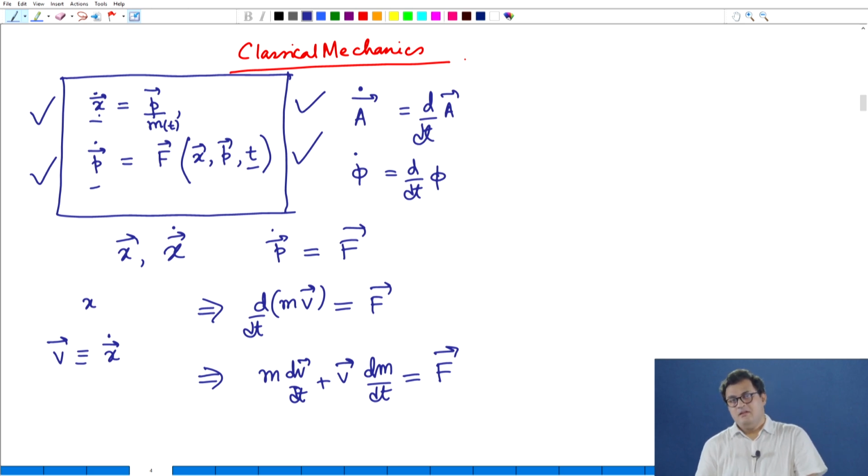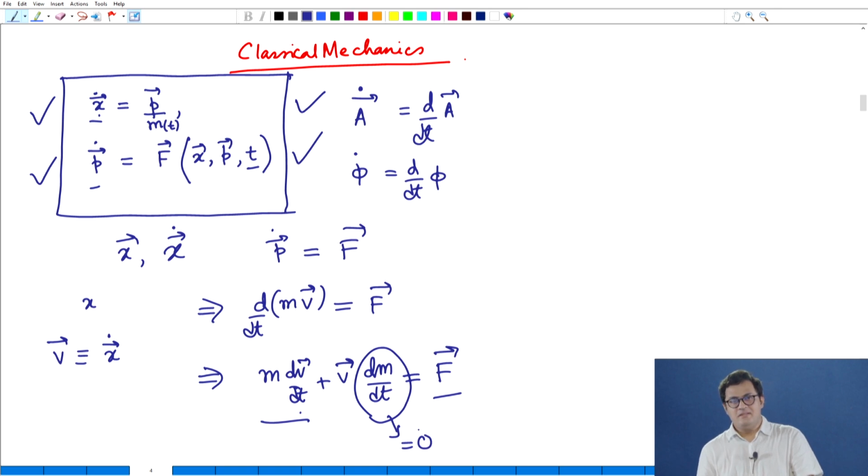You see, many times in nature a particle has a fixed mass in time. The mass does not change, and for most cases we forget this term and simply say m dv/dt equals f is Newton's second law. We have to understand this is just a specific case where dm/dt is 0.